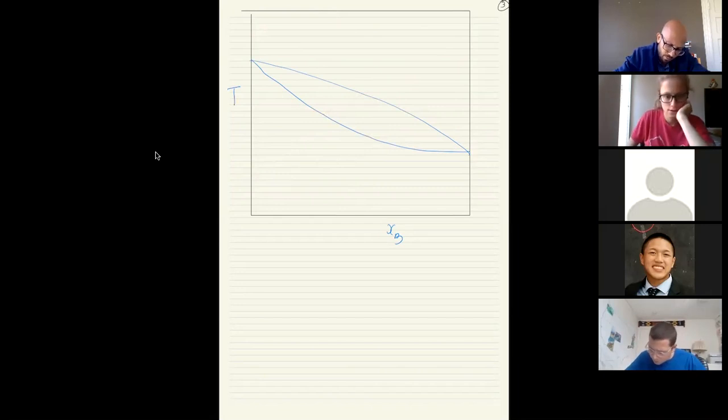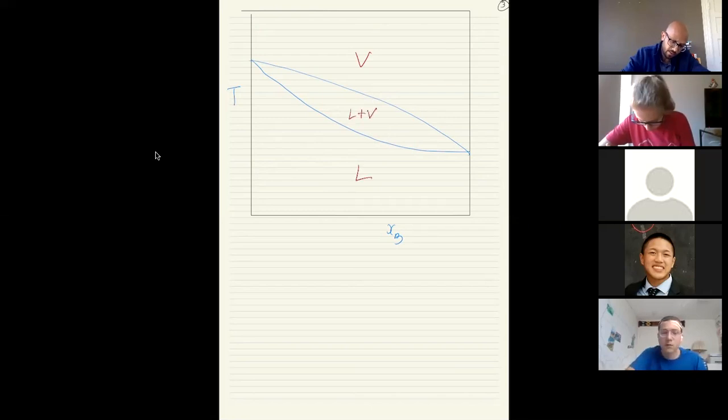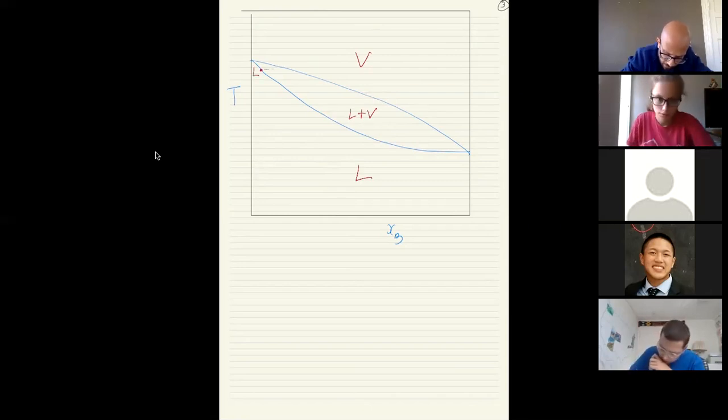So on the very top, sorry, on the very top, you have vapor. On the bottom, you have liquid. And here you have liquid plus vapor. The point being that at any temperature, you are going to have liquid. And if you go far to the right, you're going to have vapor.